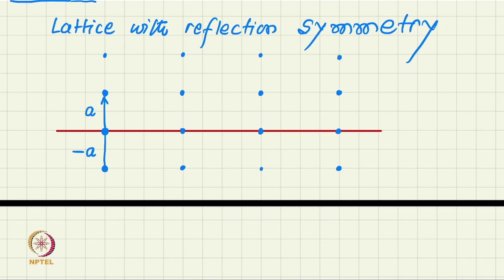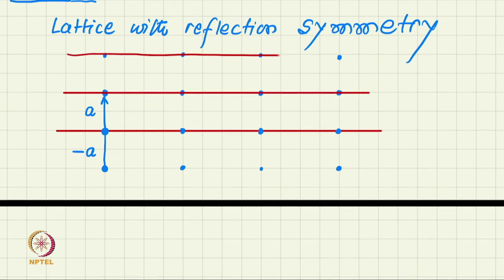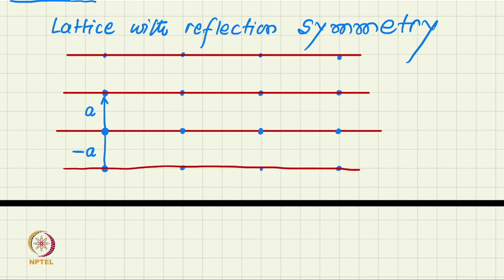Of course, all lattice points are equivalent. So, if one set of lattice points were having this horizontal mirror, other lattice points also will have this horizontal mirror. So, you buy one and get several free, because all lattice points have to be identical, and I have said that from one set of lattice points a mirror is passing. So, all of these are mirrors.